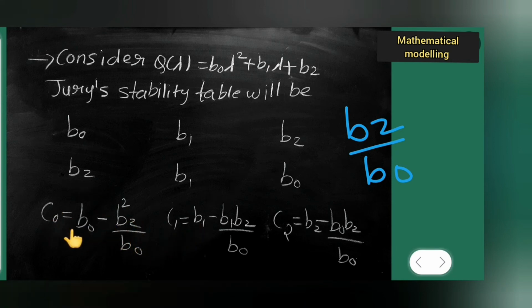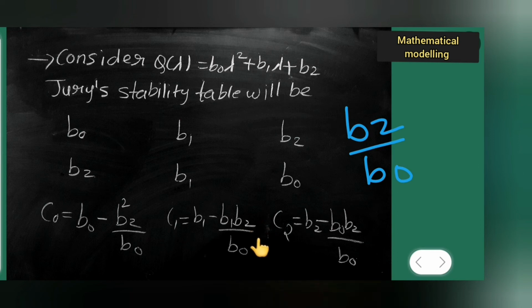I have taken this as c0. c1 is equal to b1 minus b1 b2 upon b0. Now c2 is equal to what? b2 minus b0 multiplied by b2 upon b0.